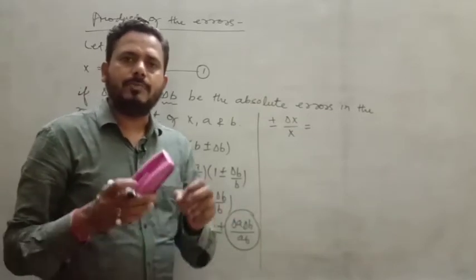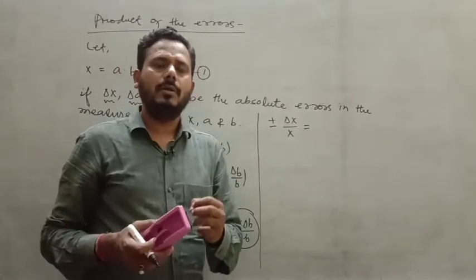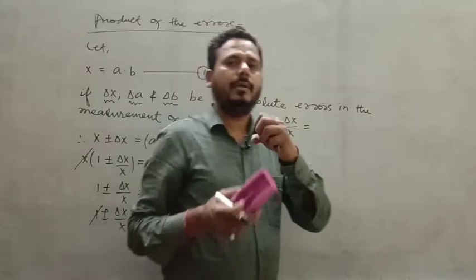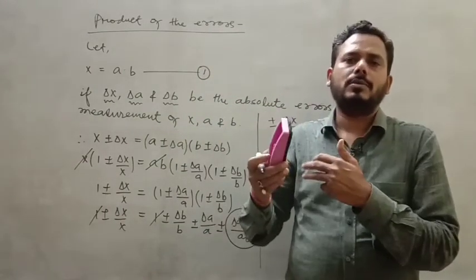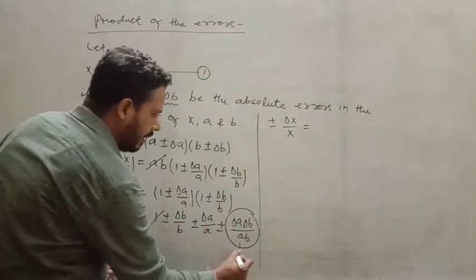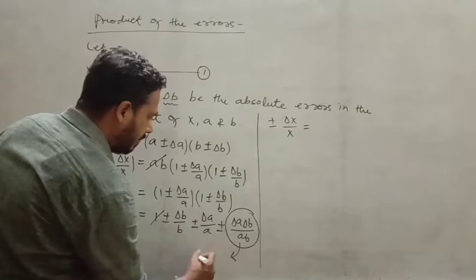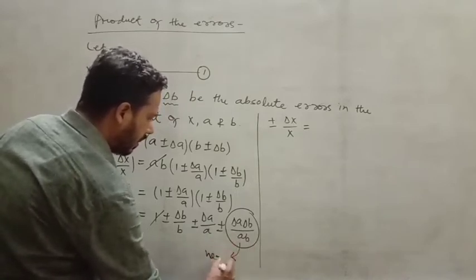When a very small number is divided by a very big number, it becomes more and more small, so that would be neglected. That's why this factor will be neglected. So just write down that this one will be neglected.